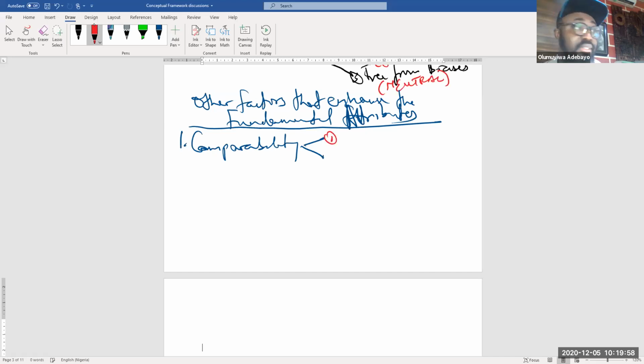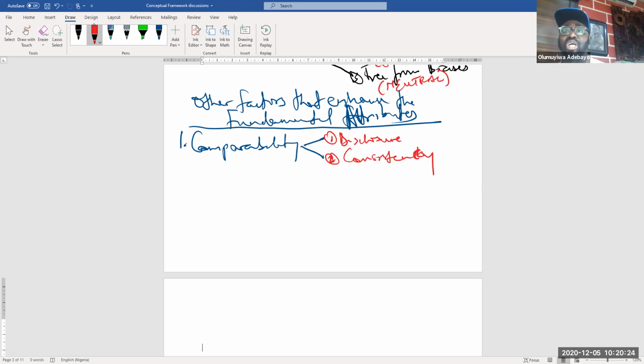The first one is the issue of disclosure of financial information. And such disclosure of any aspect of financial information must be consistent. Which means consistency in disclosure of financial information is sacrosanct to guarantee comparability of information.